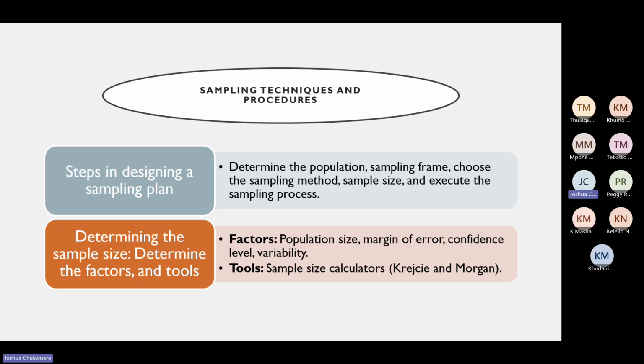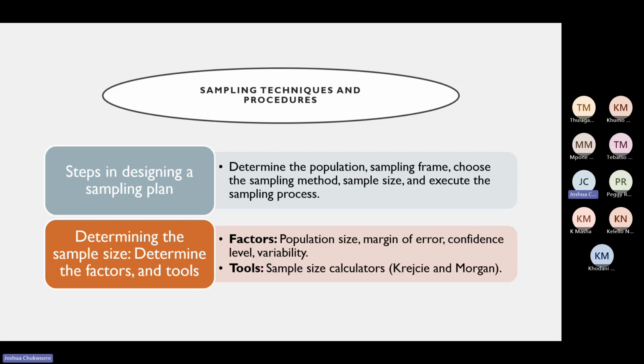Your proposal is a summary of the entire structure of the study, and in that proposal you need to indicate your sampling, and everything should be provided in that part. So the first thing in planning your sampling is to determine your population.